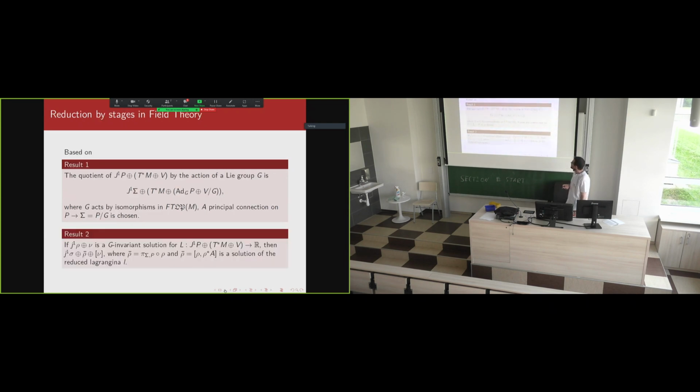Okay. So now we have two analogous results to what we had in mechanics. First one, I have an LP bundle in this category for field theory. And if I have a Lie group G which is acting on this bundle, if it acts with isomorphisms in this category, then I get a reduced object.